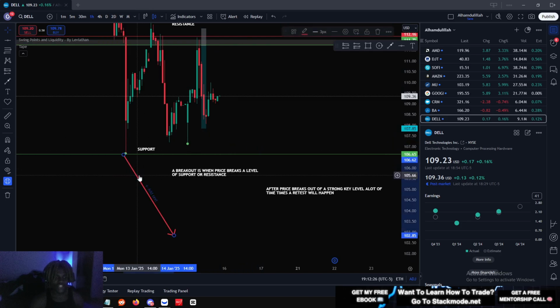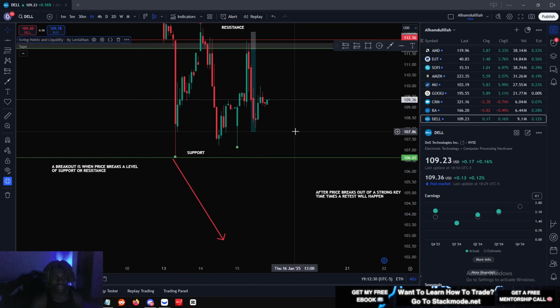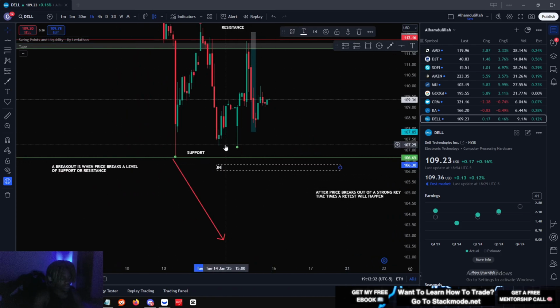So, instead of entering at the breakout, original breakout entry and trade the reversal.